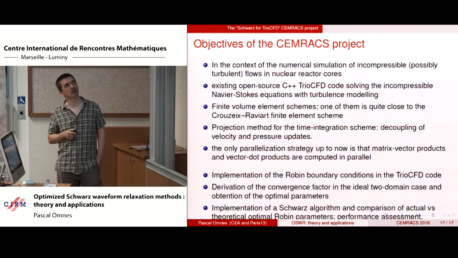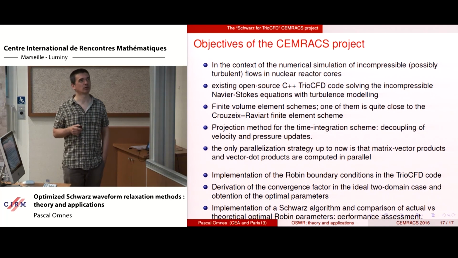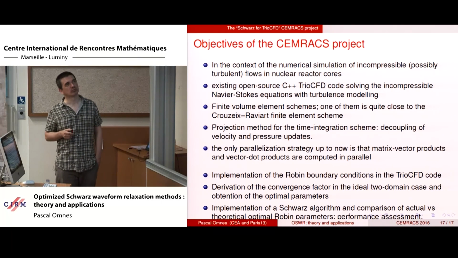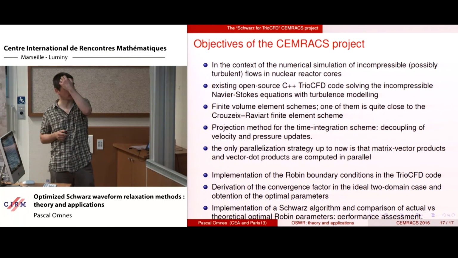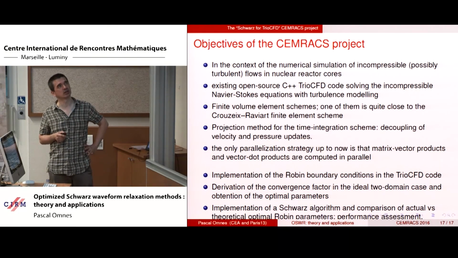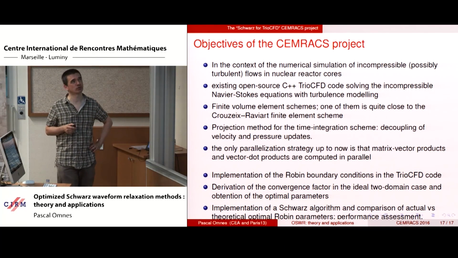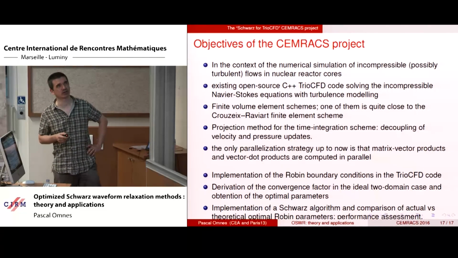The numerical scheme is based on a finite volume element process. Well, in a rough way, you can say that it's almost equivalent to finite element schemes. One of the schemes implemented in the Trio CFD code is quite close, for those who know it, to the Crouzeix-Raviart finite element scheme.